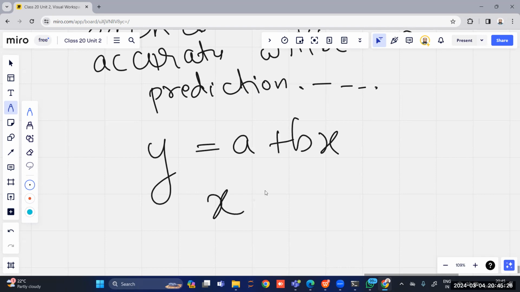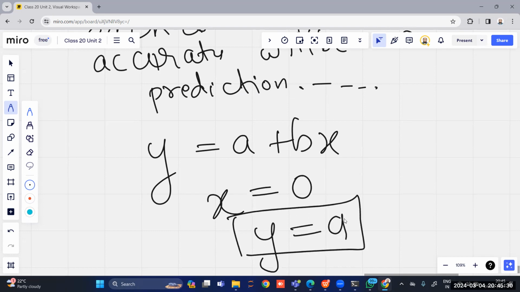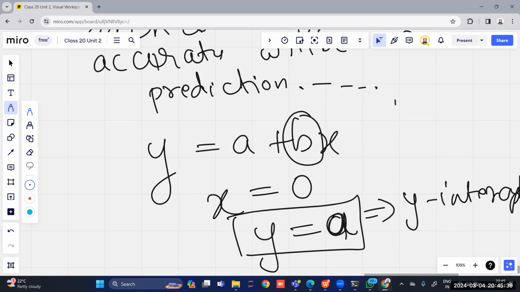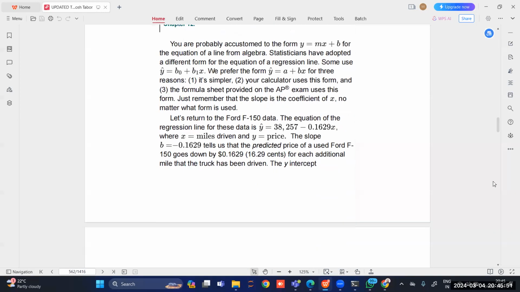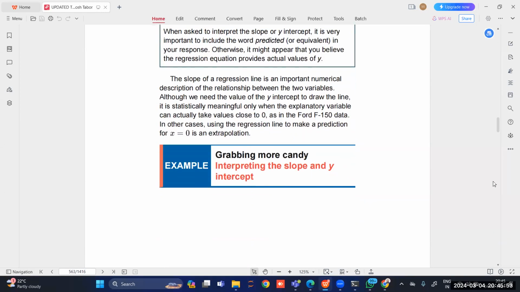When we keep x equals 0, we get y equals a. This is known as y-intercept. And this b is known as slope, which gives you the value of inclination with the x-axis. So these are the parameters and the terms in a regression line.